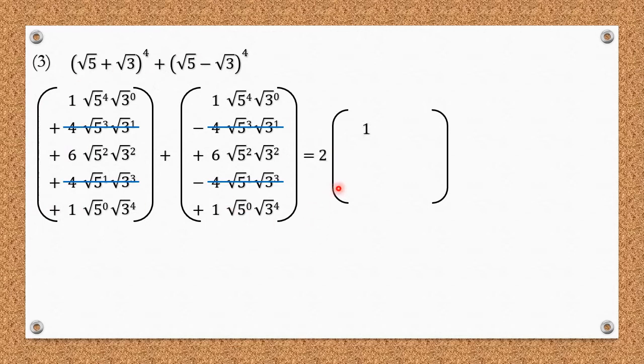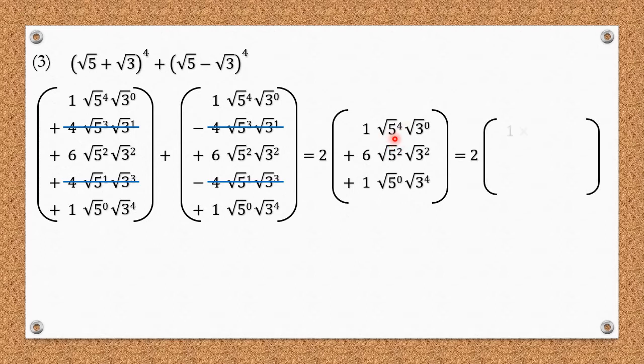So bracket into 2: the first is 1 root 5 raised to 4 root 3 raised to 0, then second is 6 root 5 raised to 2 root 3 raised to 2, and 1 root 5 raised to 0, root 3 raised to 4. So we are going to add these terms and then multiply them with 2. Now root 5 raised to 4, so 4 upon 2 will be 2, so 5 raised to 2. So 1 multiplied by 25 multiplied by 1.